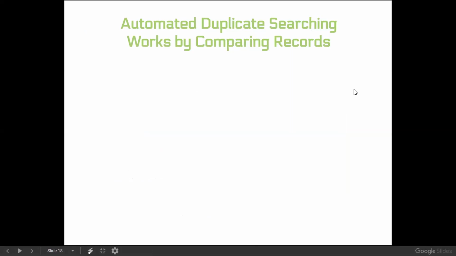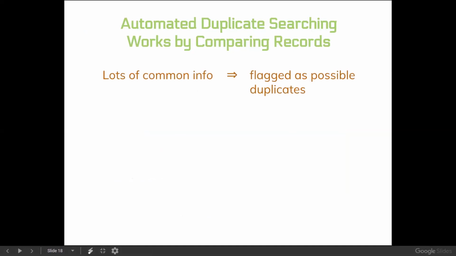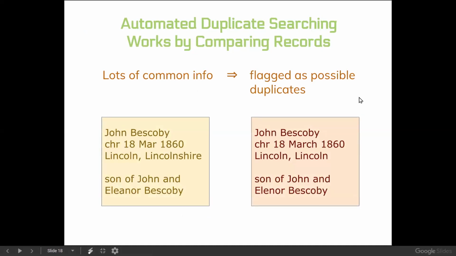So basically, the automated searches in Family Tree work by comparing two records. If the records have a lot of information in common, they're flagged as possible duplicates. So here's an example. You see the record on the left is for John Bescovy, christened on the 18th of March, 1860 in Lincoln, and he's the son of John and Eleanor.